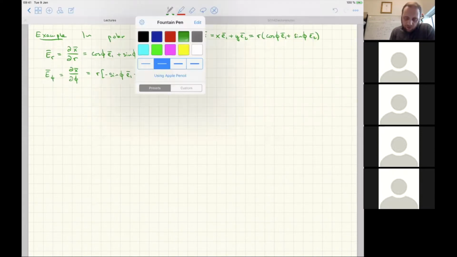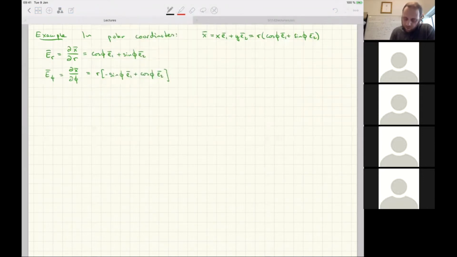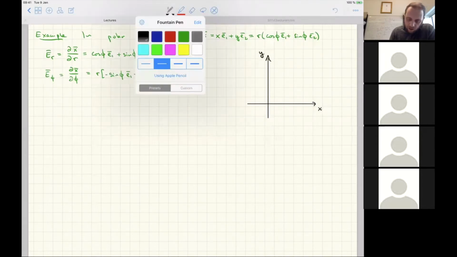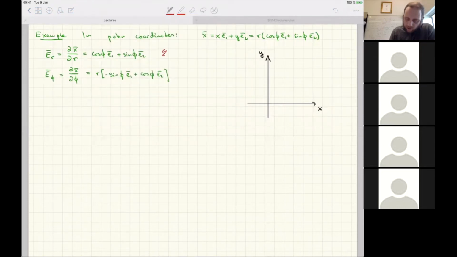So if I'm going to draw this now, if I draw the e_r in red here, what I have is a vector field that's pointing essentially away from the origin. And if you take the norm of these vectors, you will see that it's 1 because of the trigonometric identity.